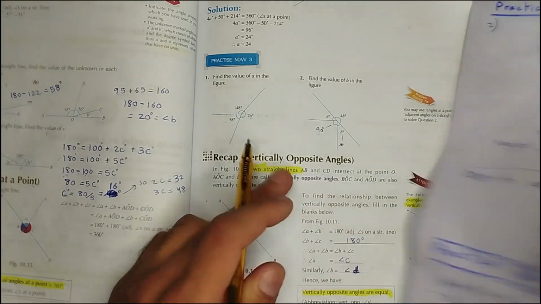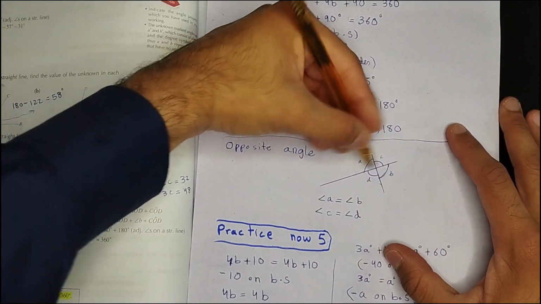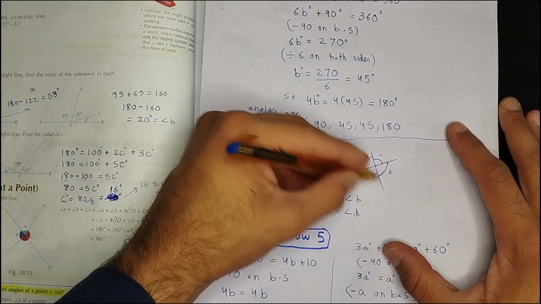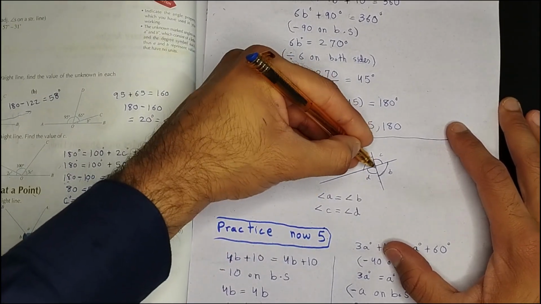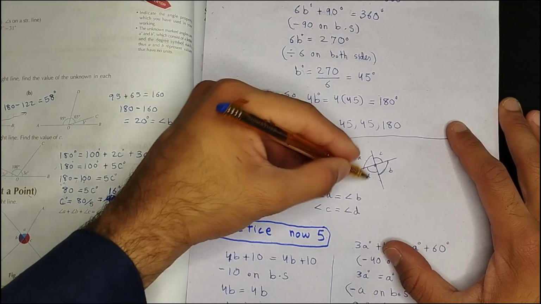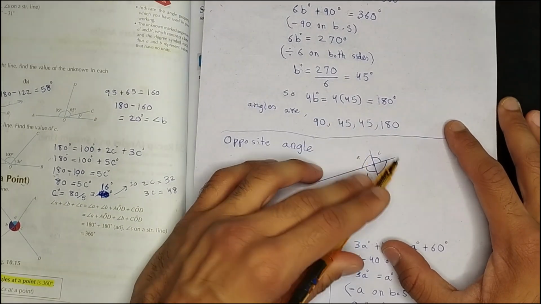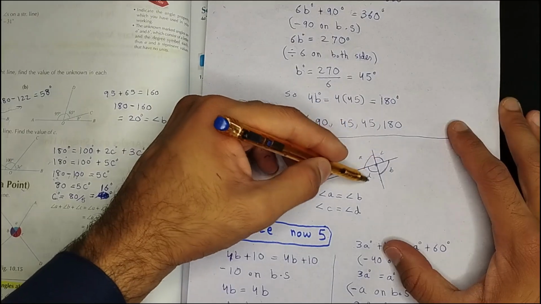What does that mean? Take this line, it's a straight one, right? I have another line which is straight, and they're intersecting at a point, making four different angles, right? Now A is opposite to B and C is opposite to D.